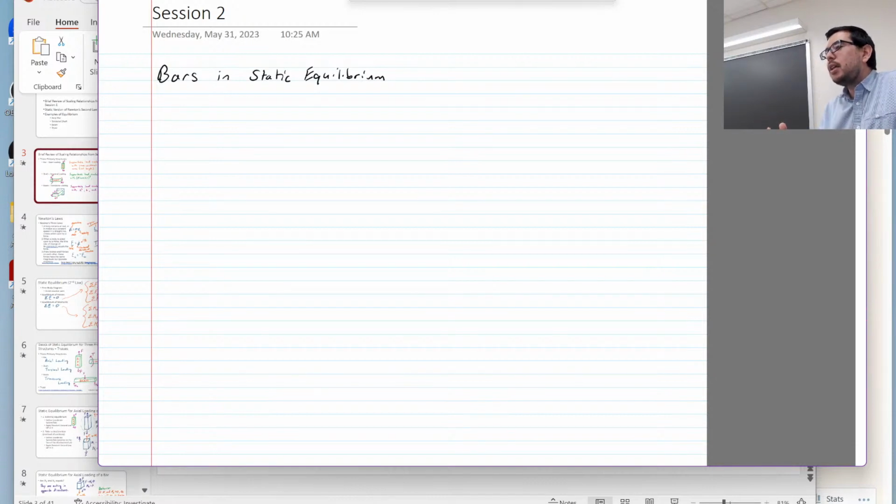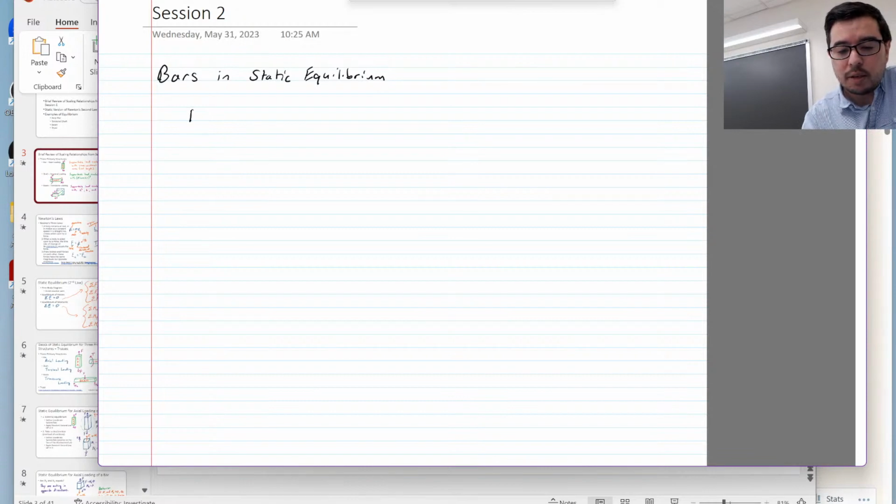And then we break it down and we look at the internal system. And when we do that, there is a convention that we typically follow for this method of sections on a bar.